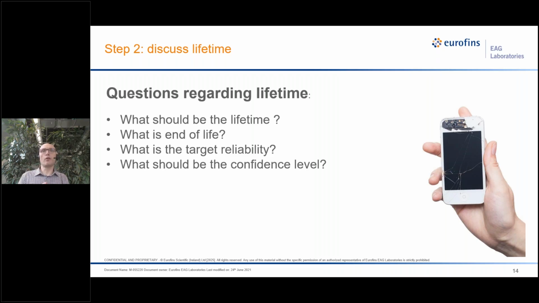At the beginning of this webinar, I talked about confidence level. And we also have to answer this question in consultation. A high confidence level, for example, 90 or 95% is of course nice if you look at the outcome.